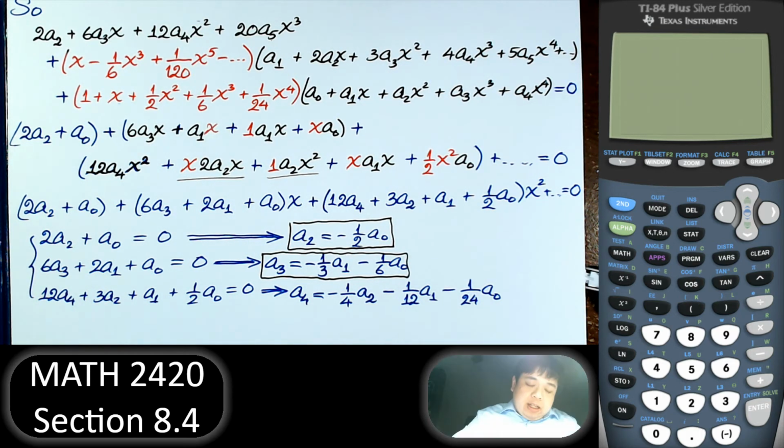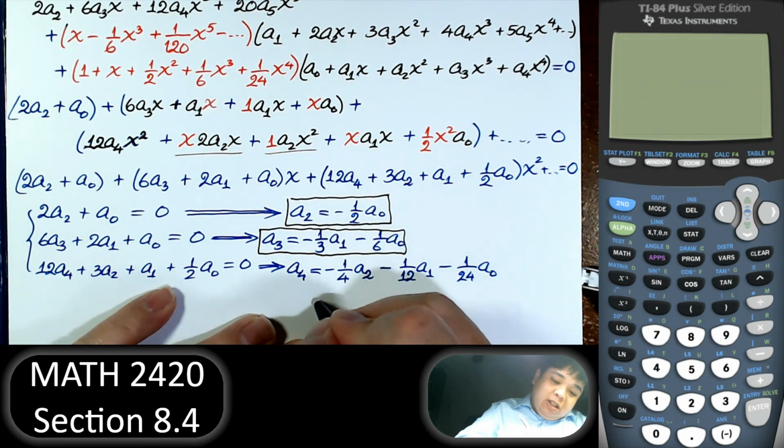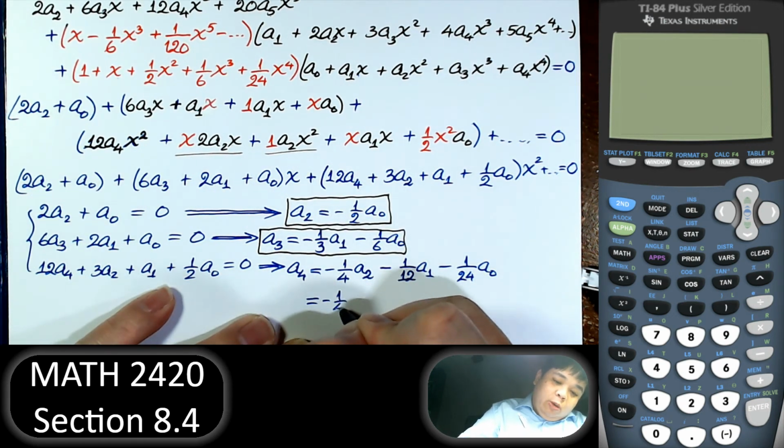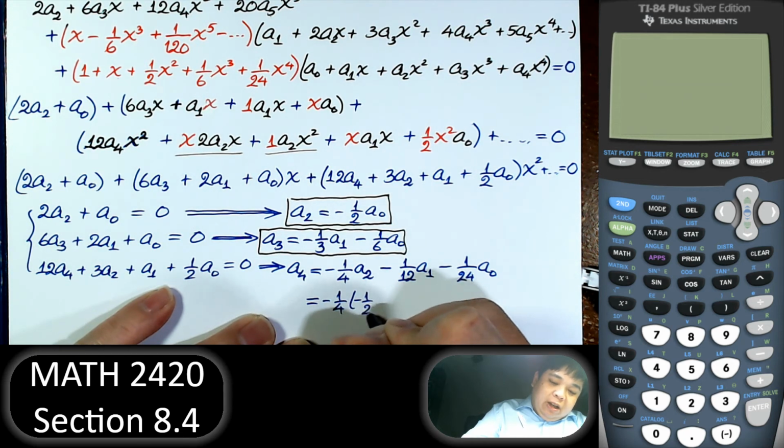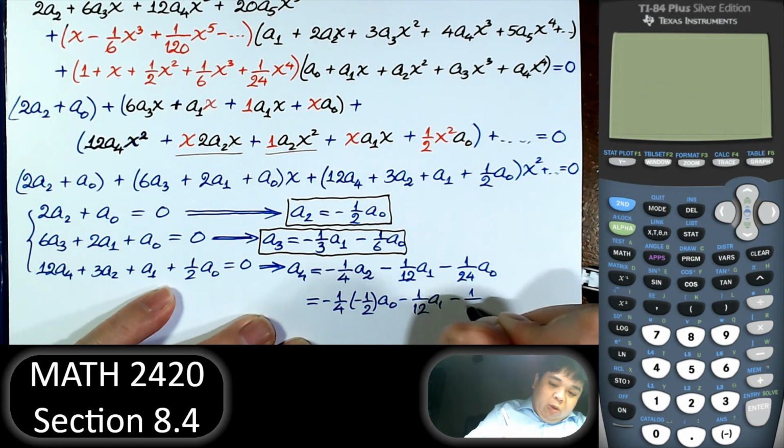Next, we did have a2 is equal to negative 1/2 a naught. So negative 1/4 times negative 1/2 a naught, minus 1/12 a1, minus 1/24 a naught.